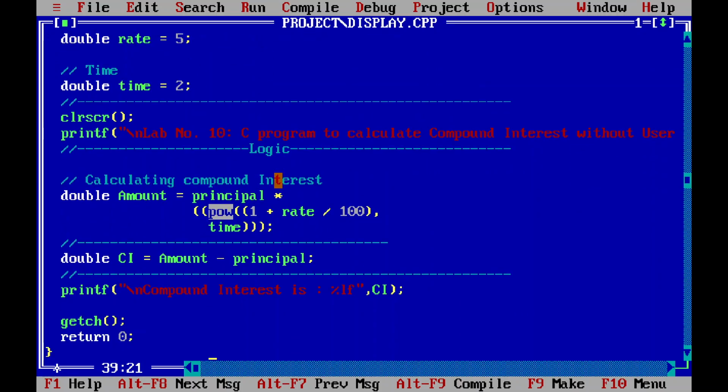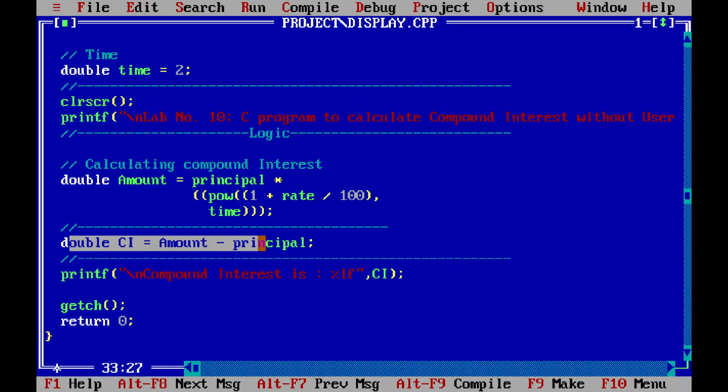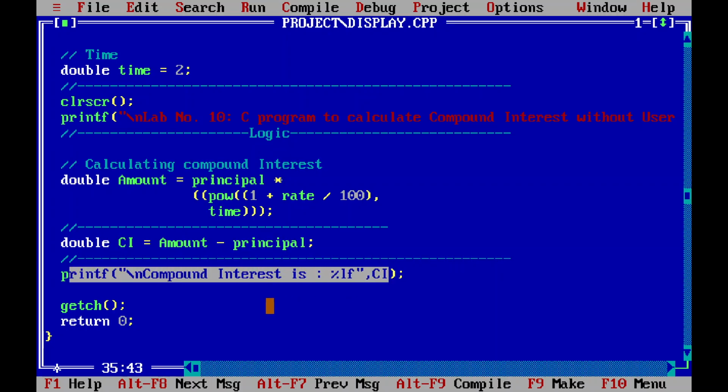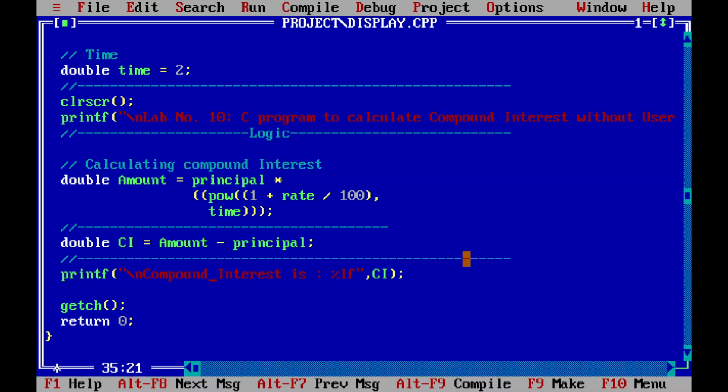After that, we calculate the CI value, meaning the compound interest value, which is calculated by amount minus principal. Ensure that the variables you are taking are the same in the logic part also, otherwise it will give you an error. Then for displaying, the compound interest is written as a double data type value with %lf, meaning long float, known as a double.